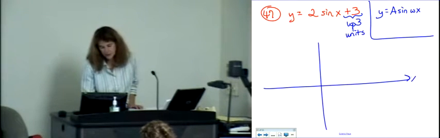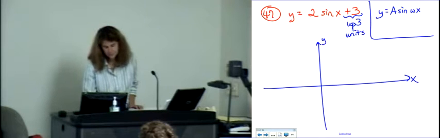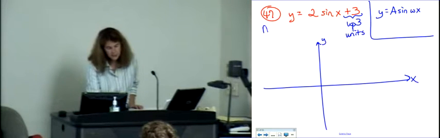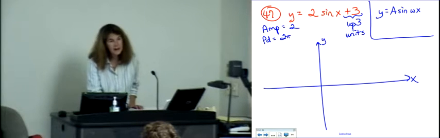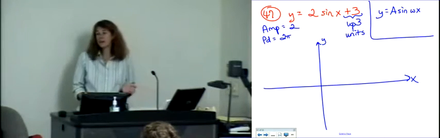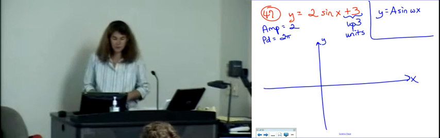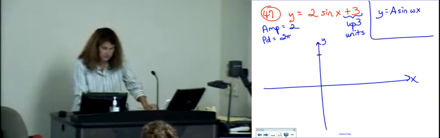So here's what we'll have. Well, we need to know, what's the amplitude? Period? Yeah, 2 pi, because it's 2 pi over 1. The omega value is 1 here. 2 pi is what we get. Amplitude is 2.